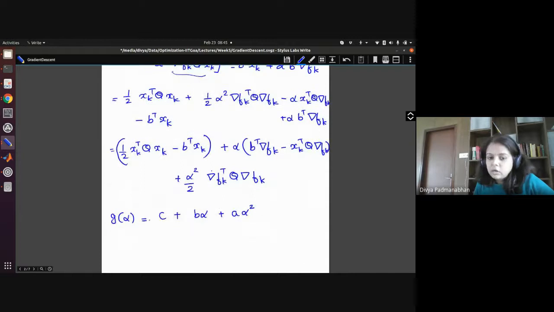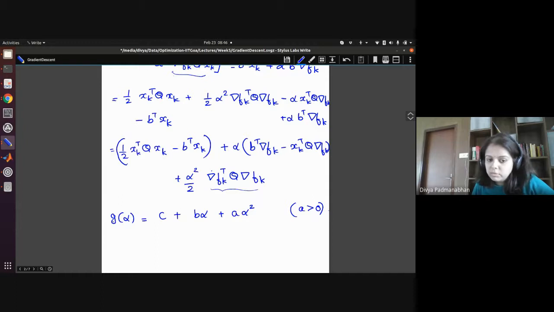I'm trying to find an alpha which will minimize this quadratic. In particular, note that A is greater than 0 here. Why? Because Q is positive definite, and so this term, which is the equivalent of A, is going to be greater than 0 for any value of grad fk.